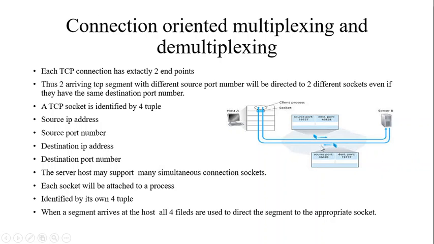At the time of sending, this client has a source port number and the server has a destination port number. The source port number is 19157 and the destination port number of the server is 46428.